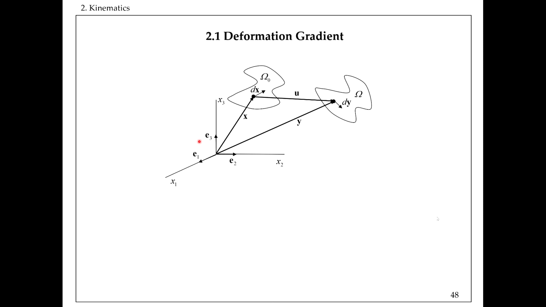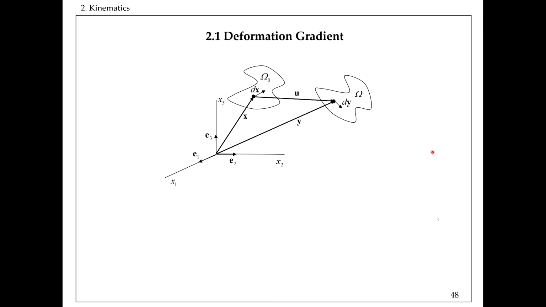With that, we can identify each point in the undeformed configuration with its position vector, let's call it x. Now we can track each point and see where it goes. That point, for example, goes to a new position after deformation, and that position will be identified by the position vector y.